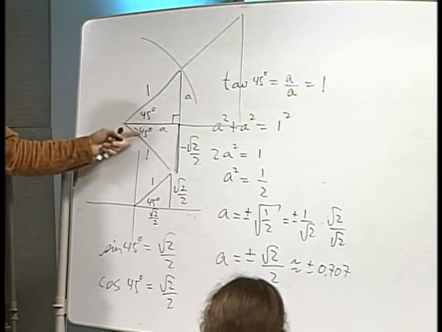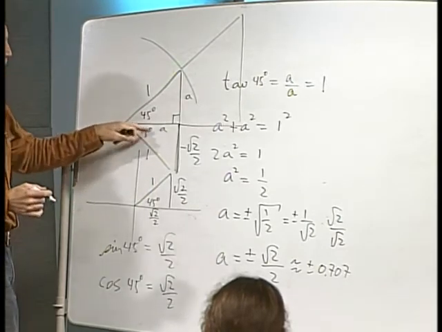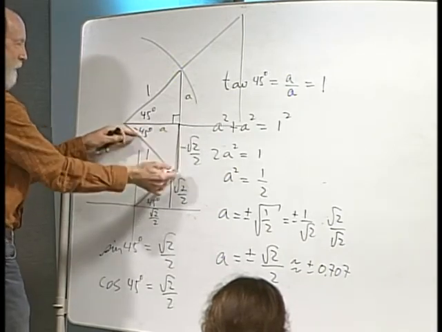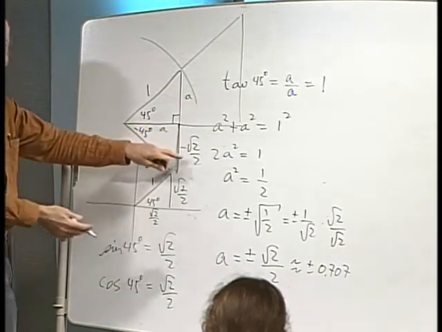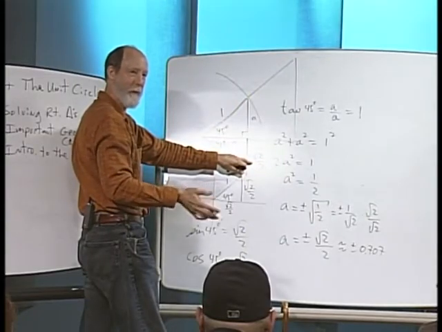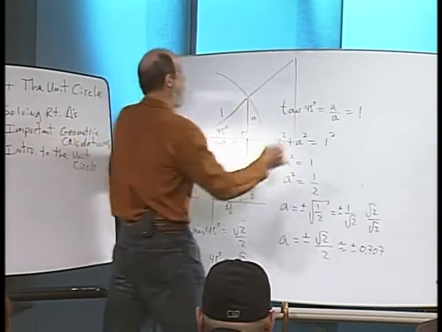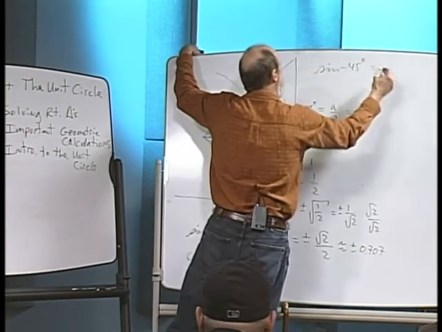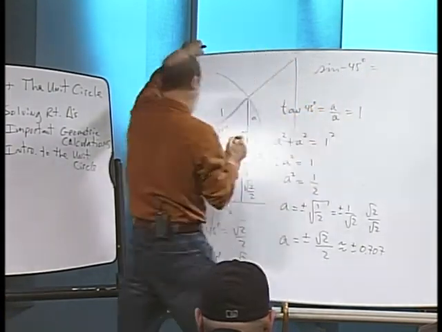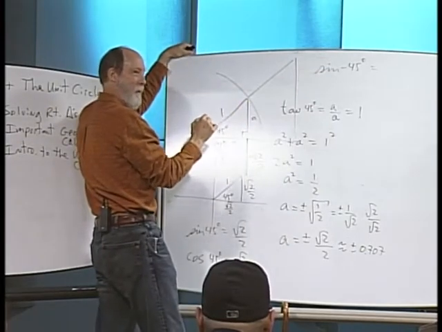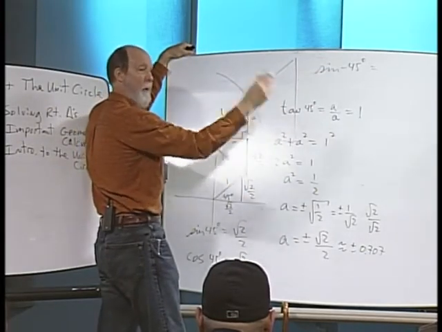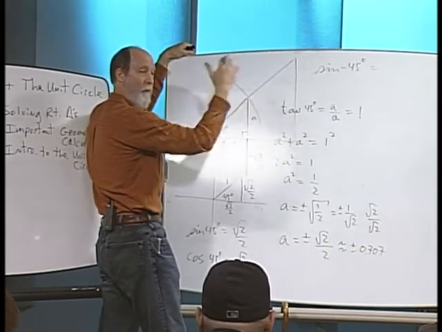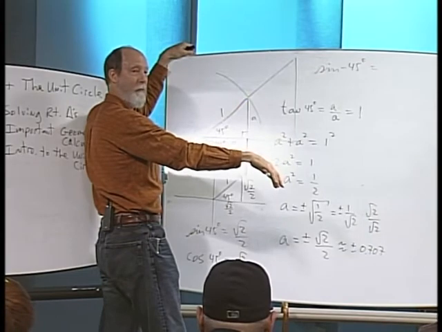So what do you think the sine of negative 45 degrees is? Opposite over hypotenuse, again, negative radical 2 over 2. I'm going to be spinning my umbrella in the air pretty soon with you, okay? Because remember those 16 angles we talked about a few sessions ago?